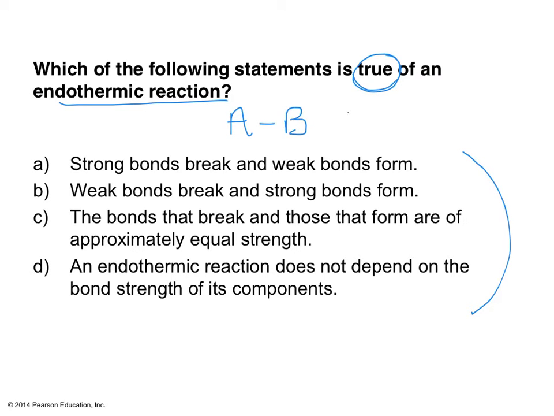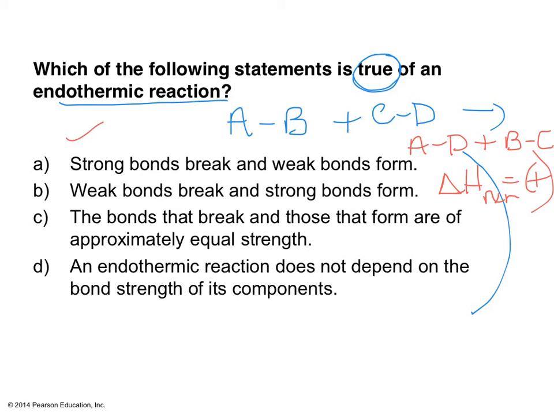So if I have a reaction, let's say that looks like this, there are my reactants, and let's say it makes AD, it's a double replacement reaction, and BC. And let's say that this reaction is endothermic, so that means the enthalpy of reaction would be positive.